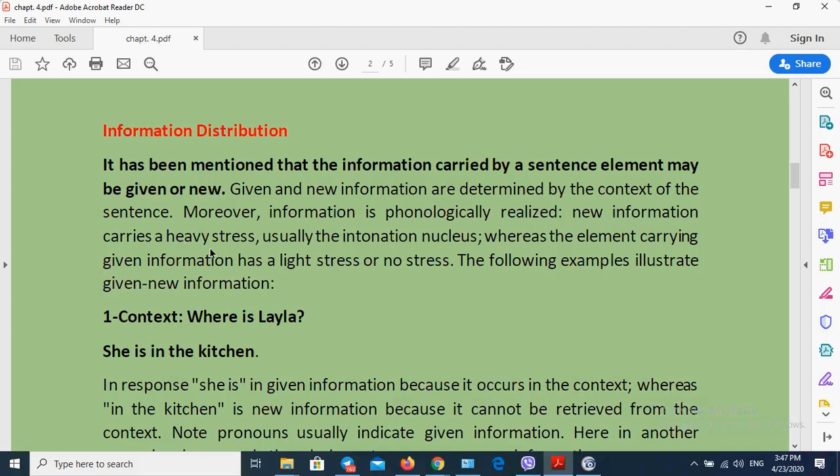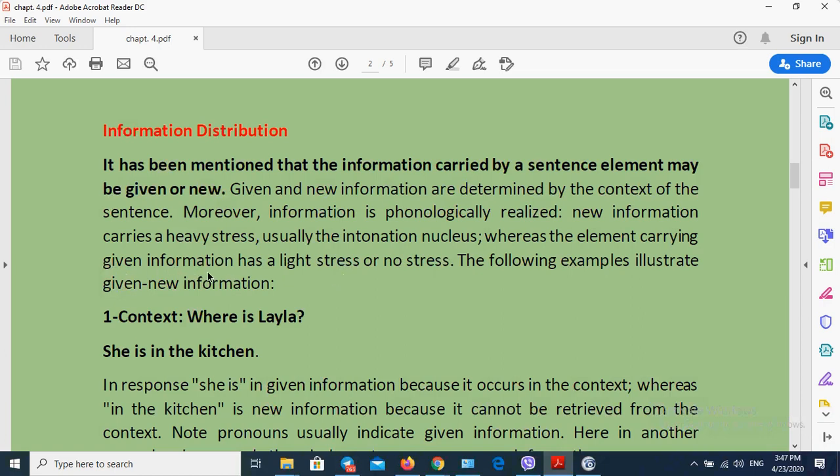New information carries a heavy stress, usually the intonation nucleus, whereas the element carrying given information has a light stress.